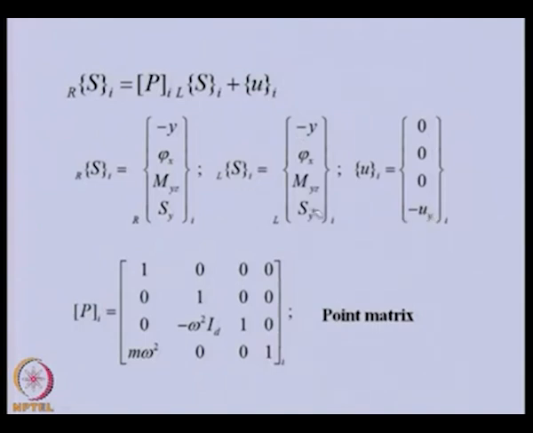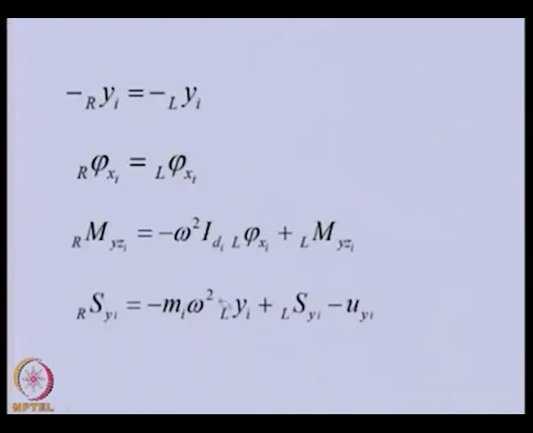Because we have stacked the shear force last, it will come at the end. So if we expand the fourth equation, we will get this equation, and this last term corresponds to the external force.